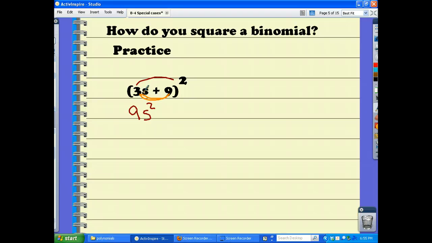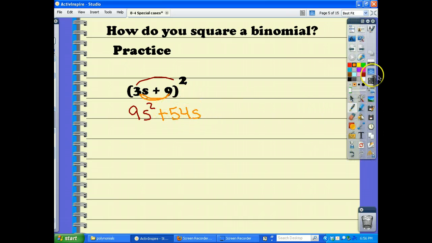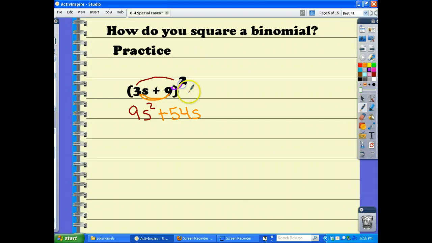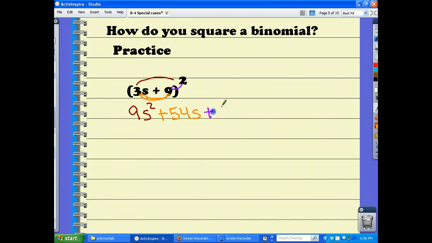But then I have to say 27 times 2 is going to give me 54. So I have to say plus 54s, cannot forget that variable. And then finally, I go to the last one, 9 squared, plus 81. So now I've broken it down.